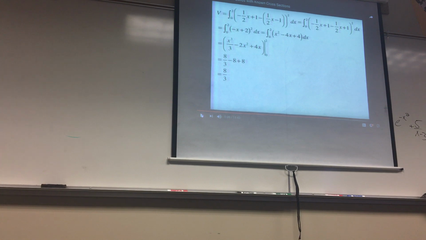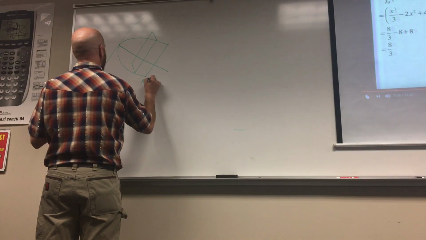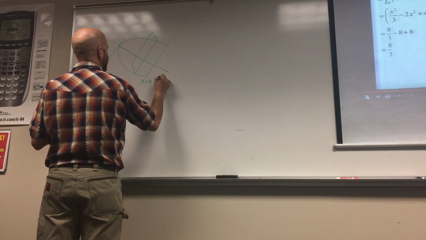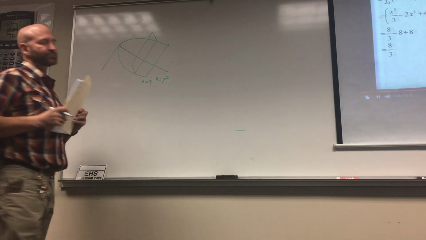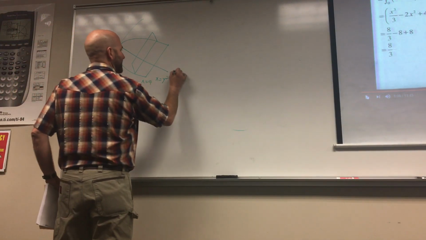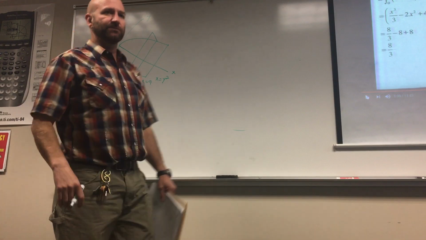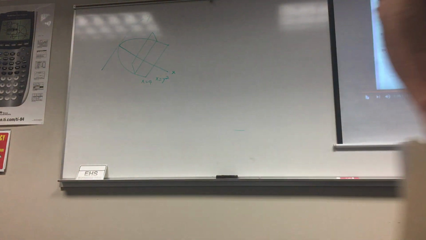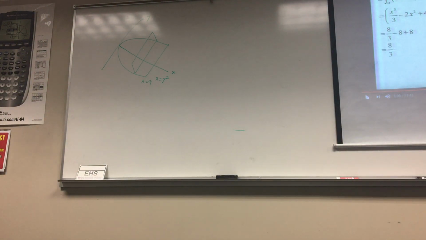And they tell us up in the directions that this is x equals 9 and x equals y squared. There's my x-axis, there's my y-axis. You can see that they have taken a slice, yes?